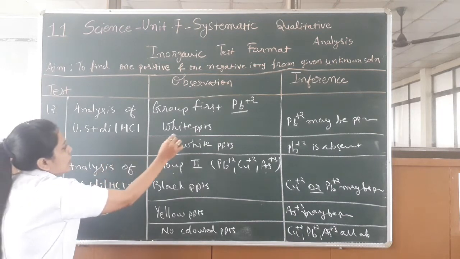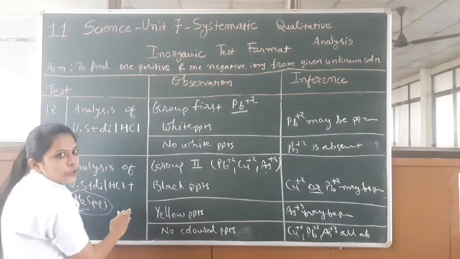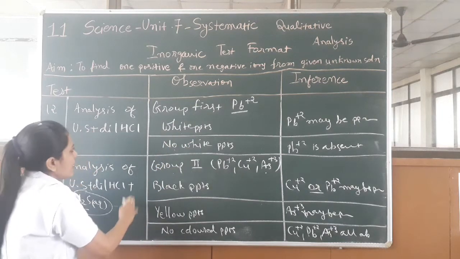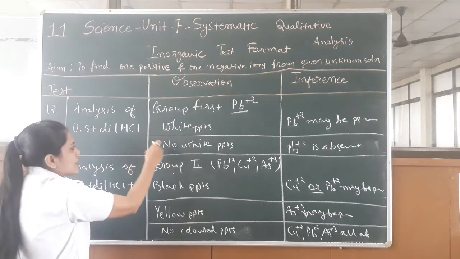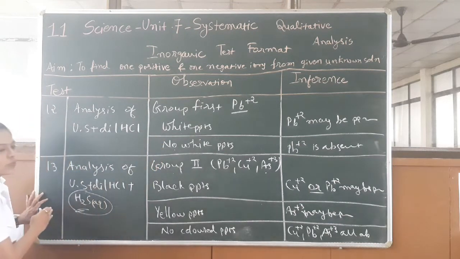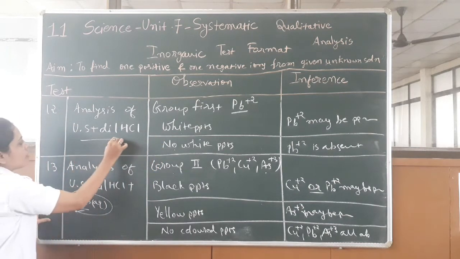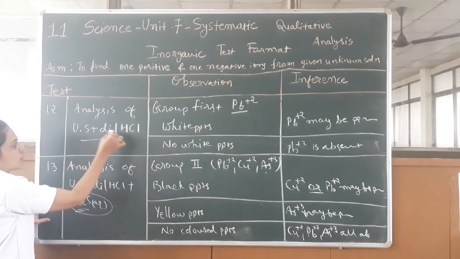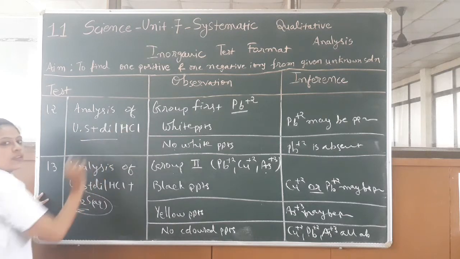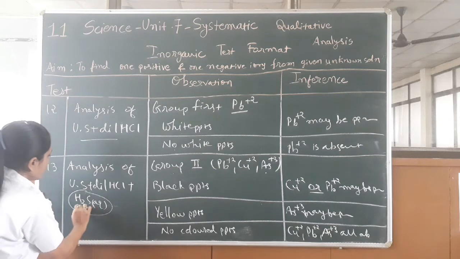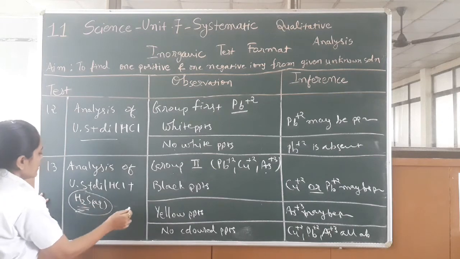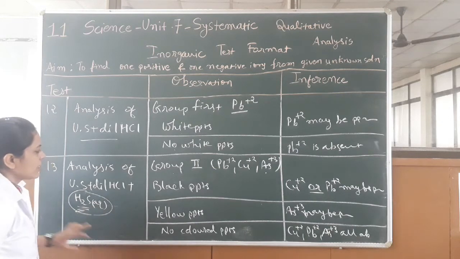If we got white precipitates, then no need to do the second test. But if we didn't get any precipitates, you have to do this test. So we have the same solution, unknown solution plus dilute HCl. The difference is aqueous H2S, then we add only aqueous H2S.